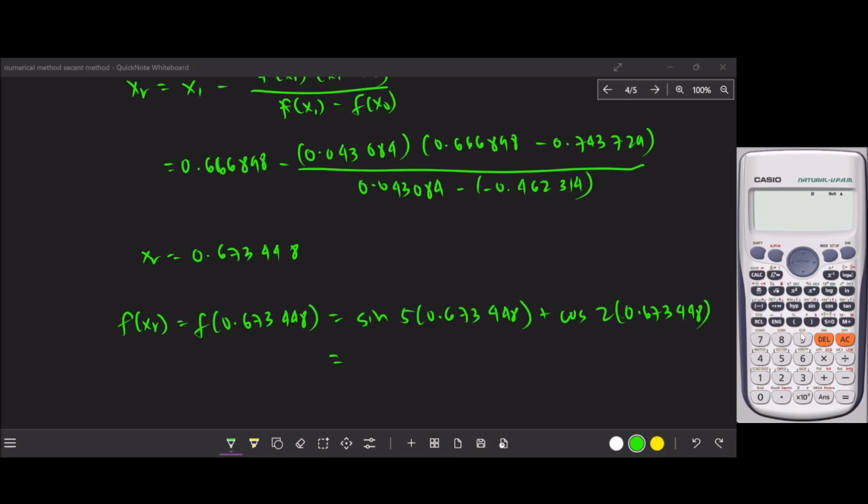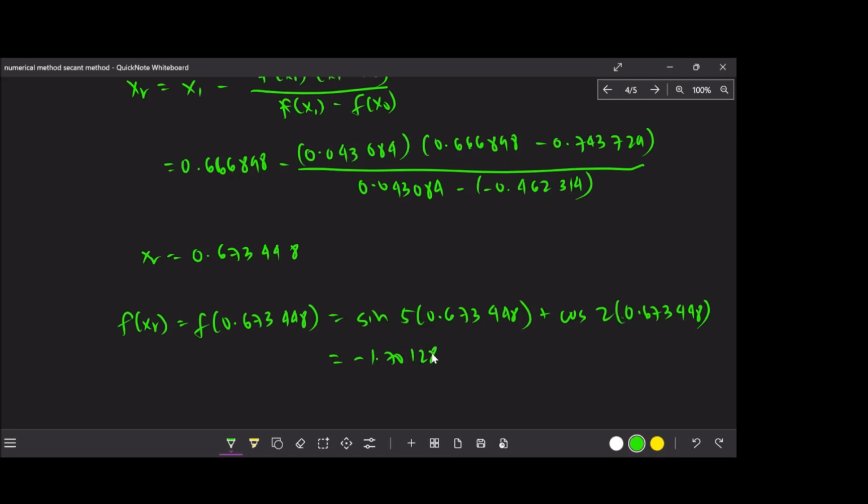So we have here sine 5c plus cosine 2c. This is equal to negative 1.701282 times 10 to the power of negative 3. Okay.